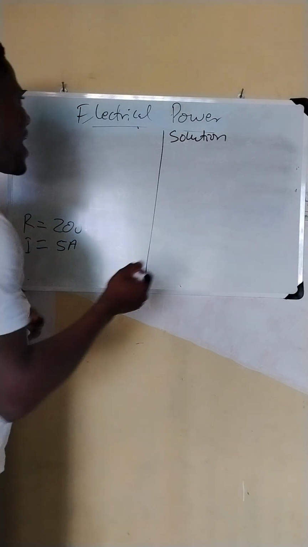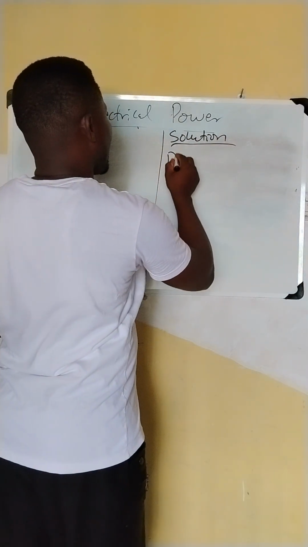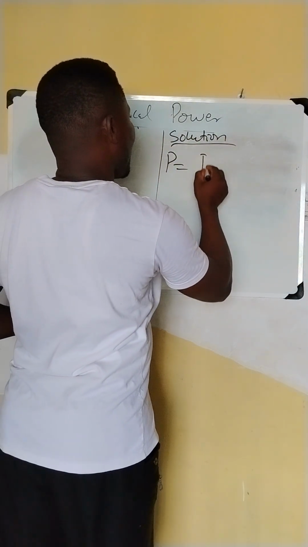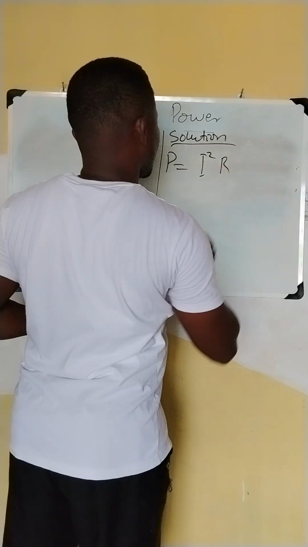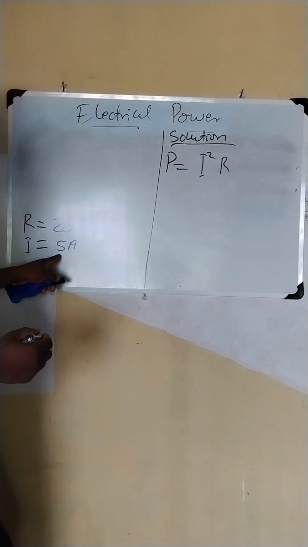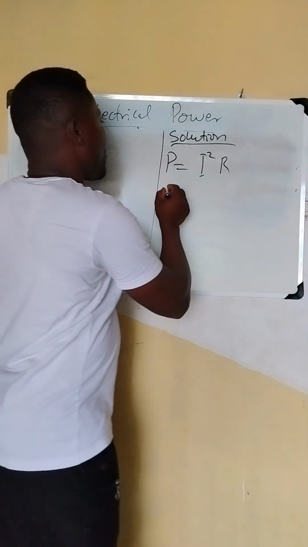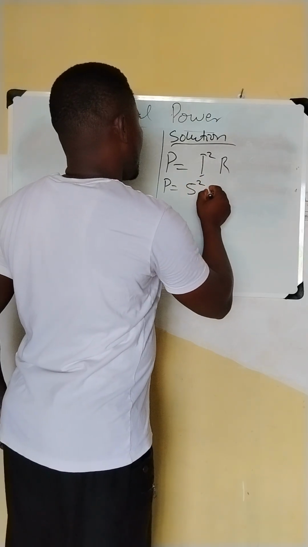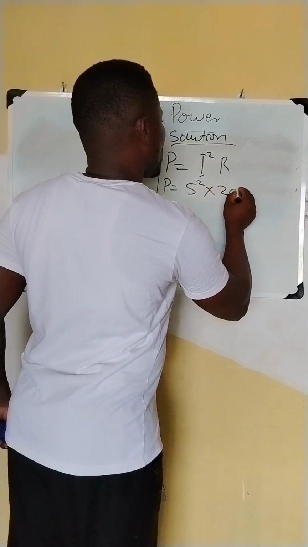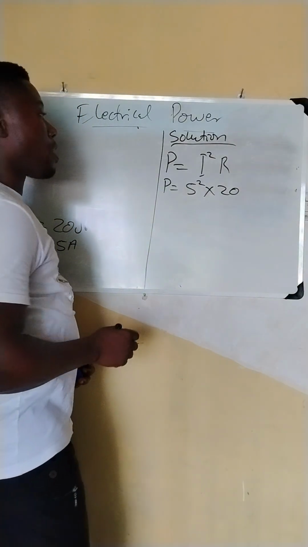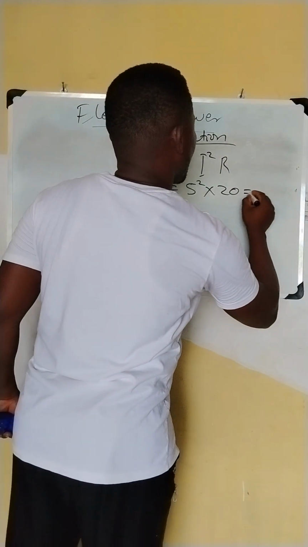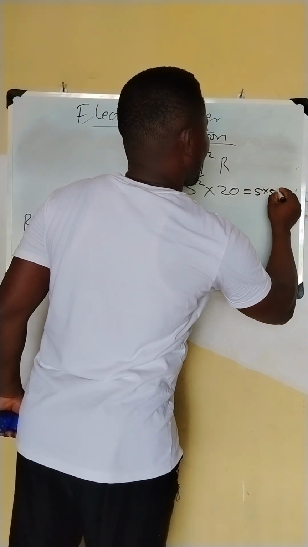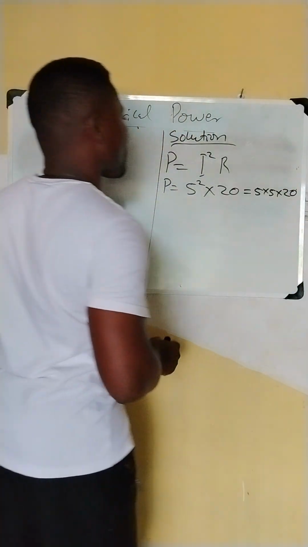Remember that P is equal to I squared R. Here you see that I is 5. So you come here and write that P is equal to 5 raised to the power of 2 multiplied by 20. 5 raised to the power of 2 is 5 times 5, which is equal to 5 times 5 times 20.